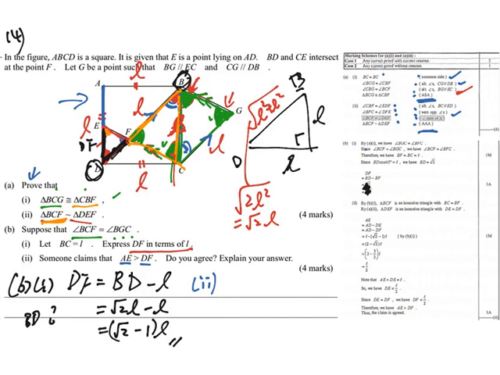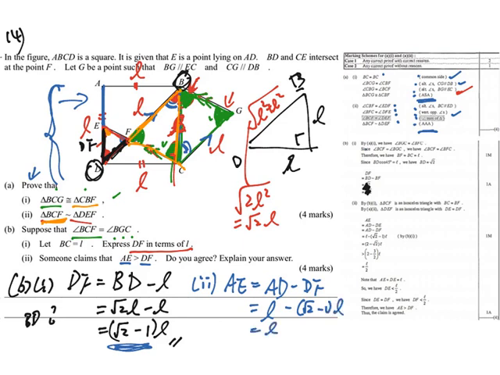So for AE, we can use L. For AE, we use AD minus DF to get it. So AD, what is AD? AD is L. And then DF is from B1, open bracket, root 2 minus 1, close bracket, L. We expand it.